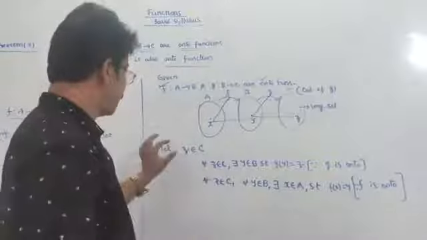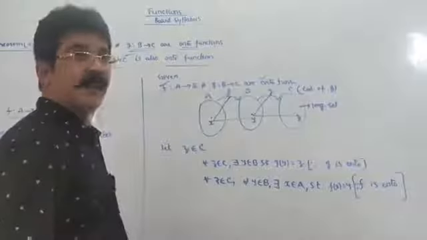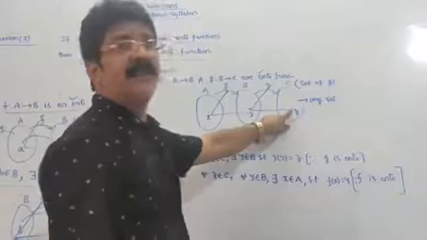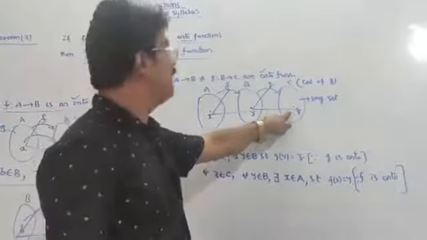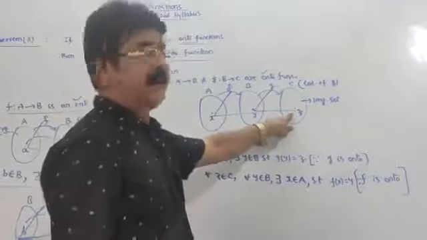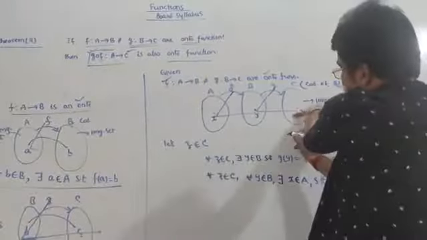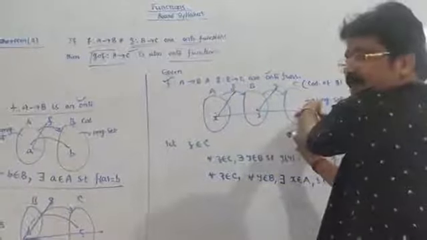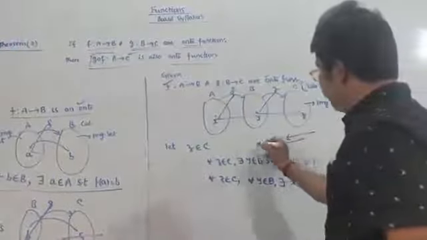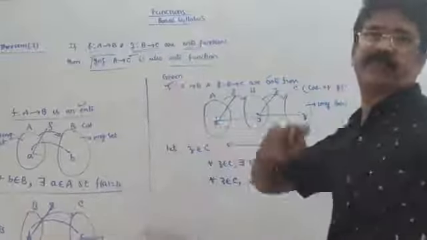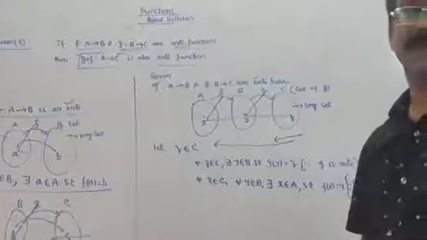First step, our assumption: z belongs to capital C. By taking one element, one image in capital C, from the backside, in this reverse direction, I used the onto function definitions gradually. Understand? Okay.